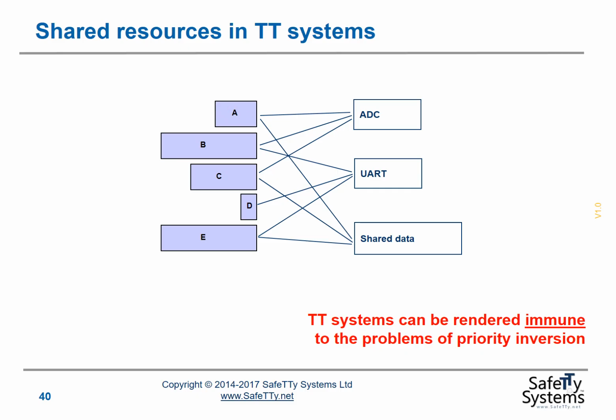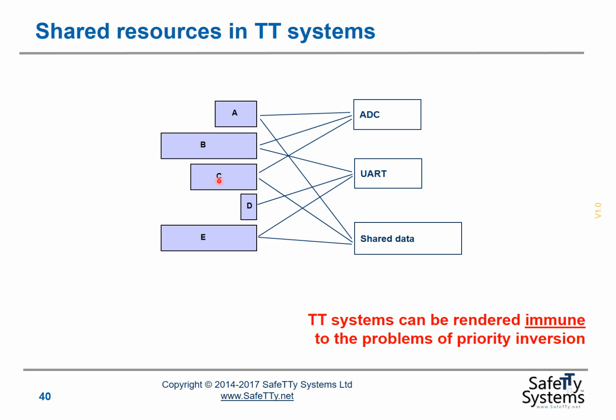What we do in a TT design is we try to avoid these collisions happening, and at runtime we can do checks like this. We know in advance when all of these tasks will be released. So at runtime, before task C accesses the ADC, it will ask the scheduler, can I use the ADC? The scheduler will either say, yep, go ahead, use the ADC, there's nobody else scheduled to use it, or the scheduler will say, no, you can't use the ADC because task B, which is higher priority than you are, will require that ADC in 2 microseconds.